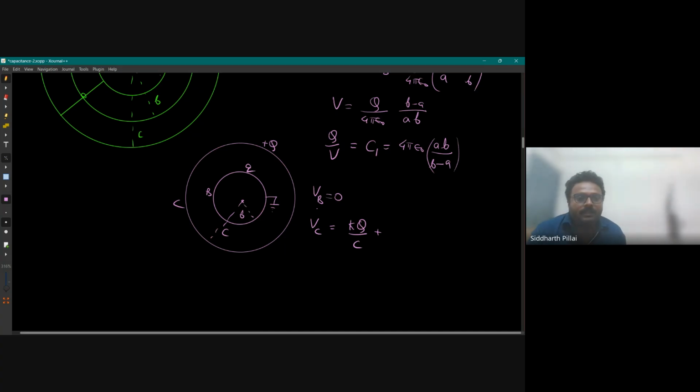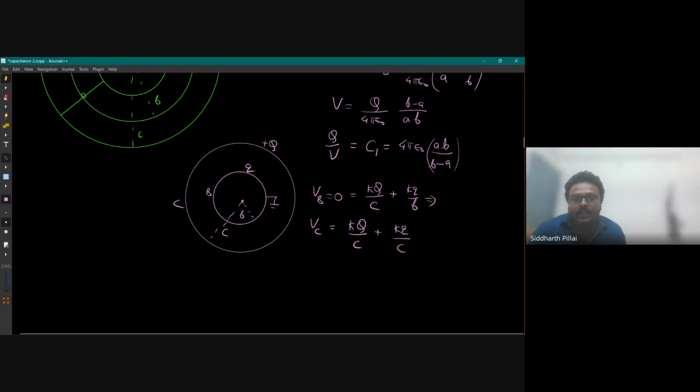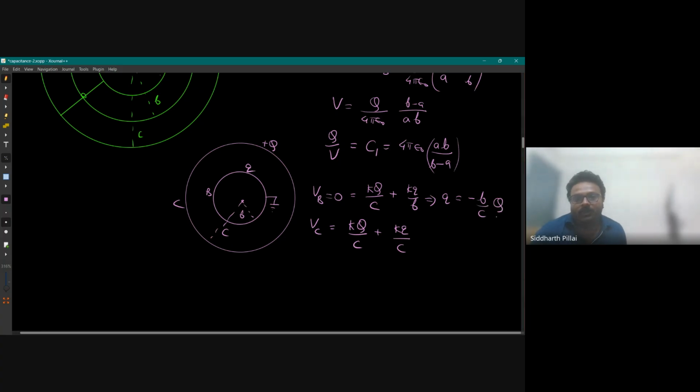VB is 0, VC is KQ by C, correct? Now, what is VB? We can write in terms of q and Q. I can write it as Kq by B plus KQ by C, which is equal to 0. So if I rearrange it, I can solve for q is equal to minus B by C into Q. Okay. So I'll replace this q with minus B by C into capital Q.